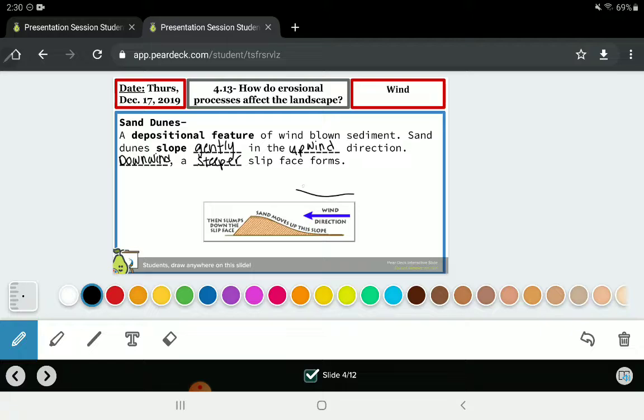So the wind blows, it moves the sand particles up the slope. Once it reaches a certain angle, this is the angle of repose, it collapses and travels down the side. Then more sand moves and travels down the side, and it creates these layers called cross-bedding.